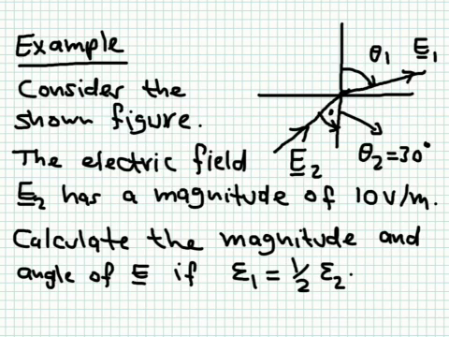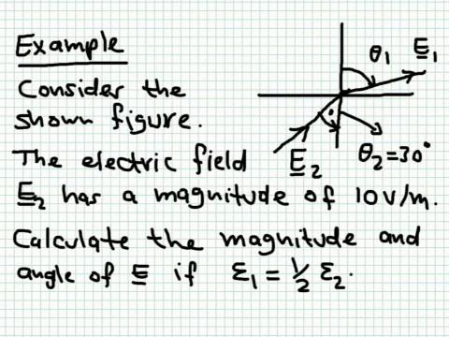Of course, this is a direct application of the theory we considered. What we have to do is get the tangential component of the vector E2, and this will still be the tangential component of the vector E1, because the tangential component does not change once you cross the interface between two dielectrics. We have to get the normal component of the vector E2, and then apply the appropriate ratio to get the normal component of E1.